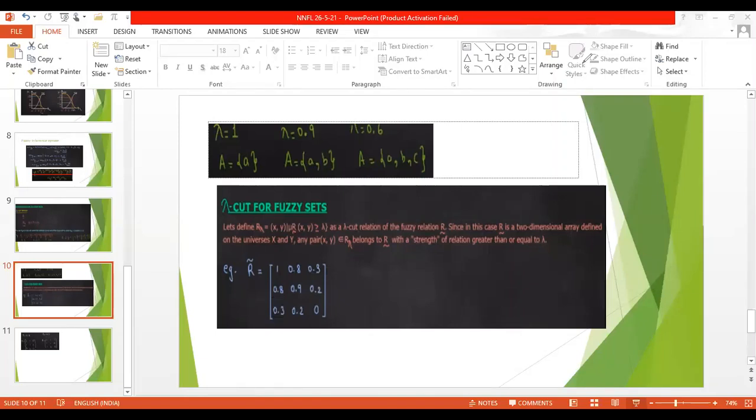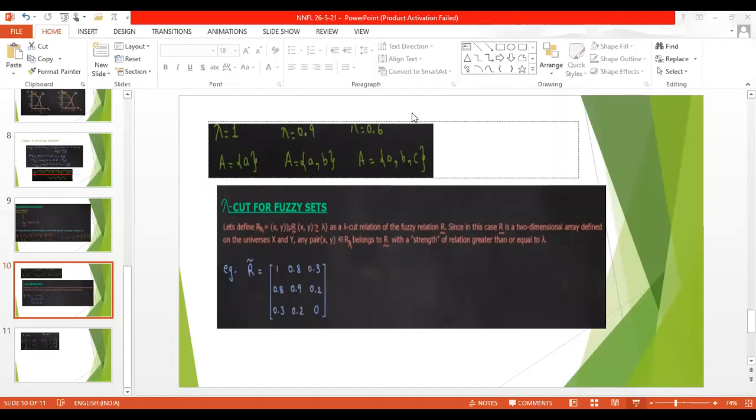Any more clarifications? Lambda value will be definitely mentioned in your question. Lambda cut for fuzzy sets will be asked for a 2-mark question. Okay, it will be asked for 2 marks. Yes, definitely they will be mentioning the lambda value.